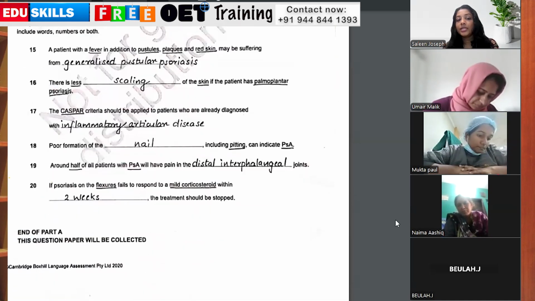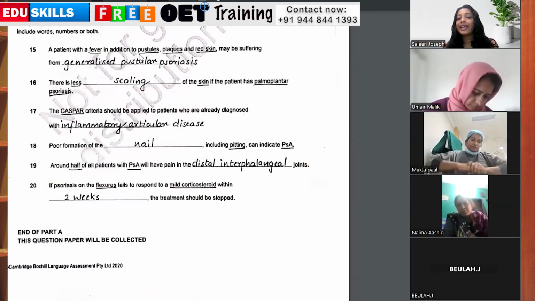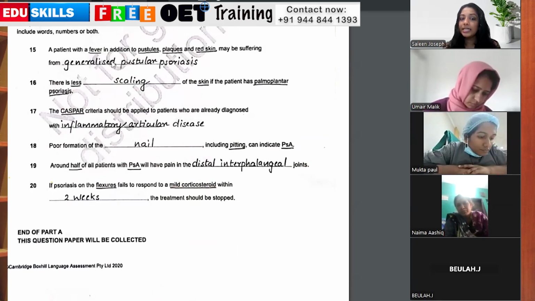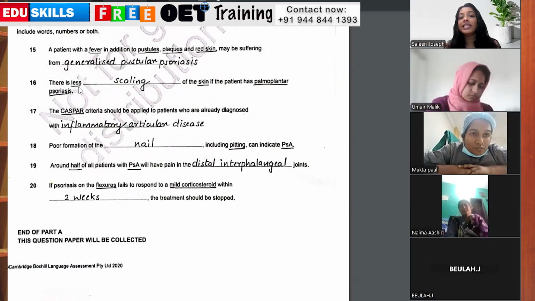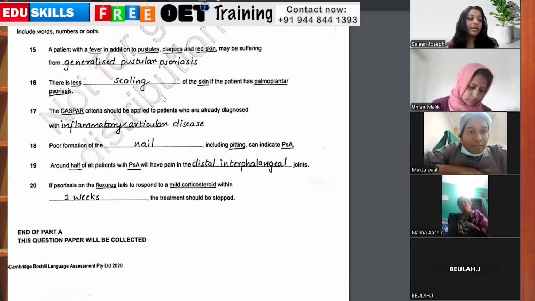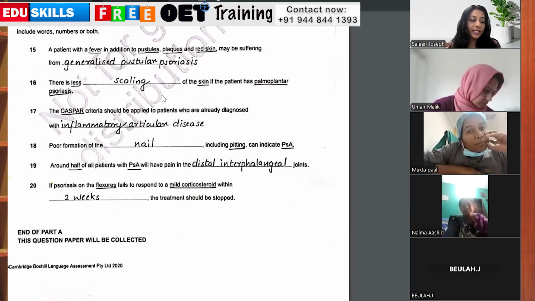Now 15 to 20 again. A patient with the characteristics they have mentioned in the description: in text A, generalized pustular psoriasis. The 16th one uses another synonym. There is less scaling of the skin, but in your text they have mentioned reduced. What is the statement over there?